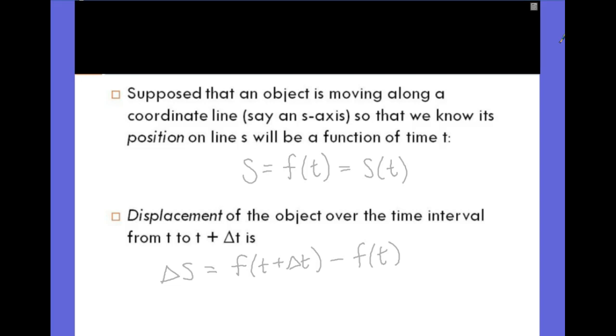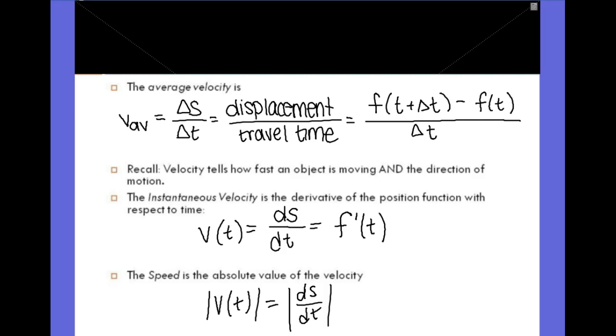So delta s is the change in position from time 1 to time 2. Average velocity is represented by the change in distance over the change in time. Average velocity is our rate of change, or the slope of the secant: f of t plus delta t minus f of t, all over delta t.